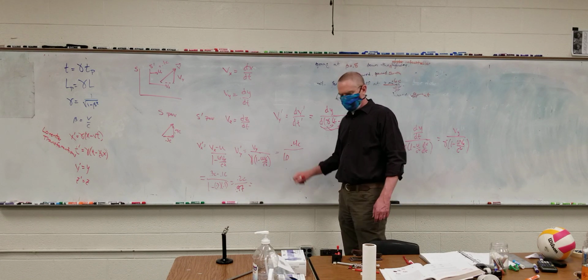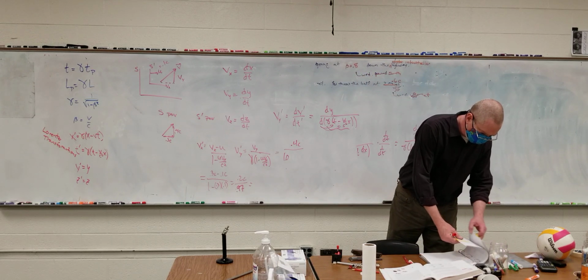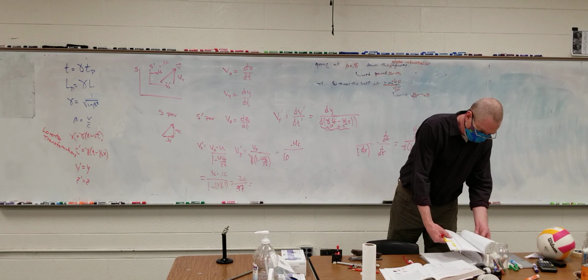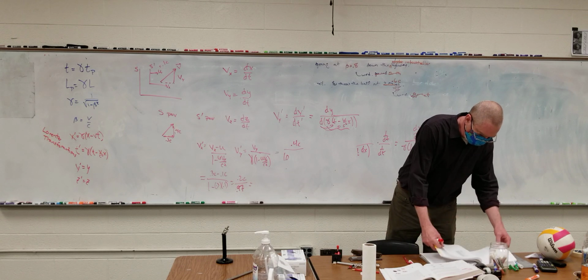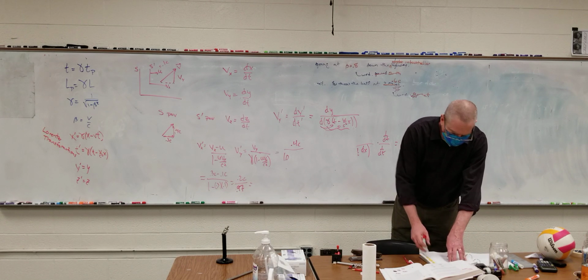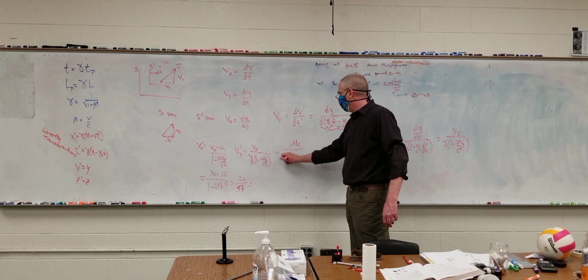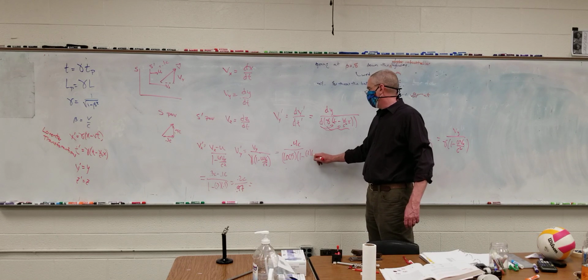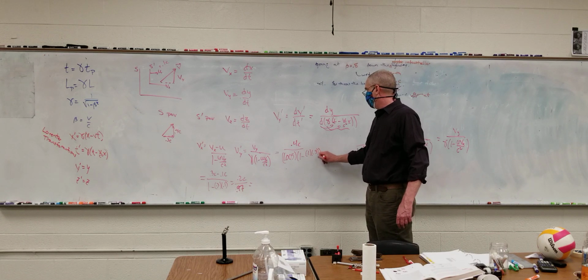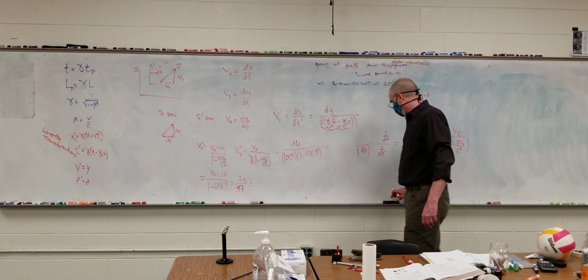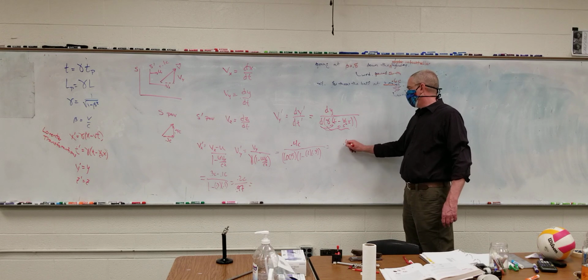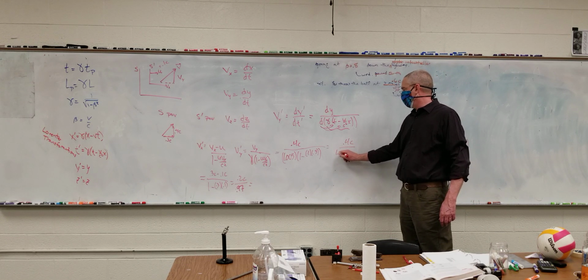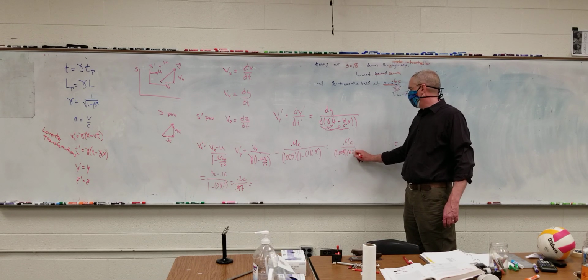It's 1.005 times 1 minus 0.1 times Vx, which is 0.3. So 0.4c divided by 1.005 times 0.97.